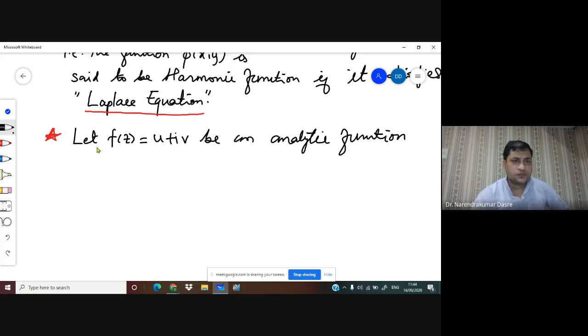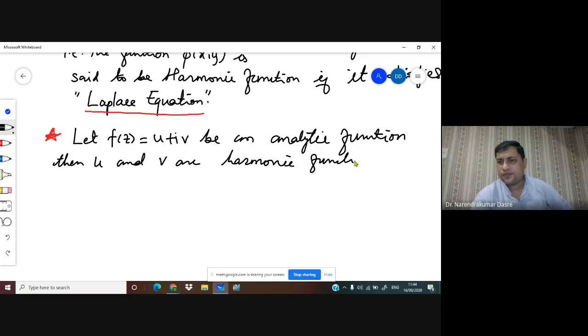Then we know u and v satisfy the Cauchy-Riemann equations, but one more property we have to add now. Then u and v are harmonic functions. So if f of z is an analytic function, then u and v satisfy the Cauchy-Riemann equations, and now we claim that u and v are also harmonic functions.